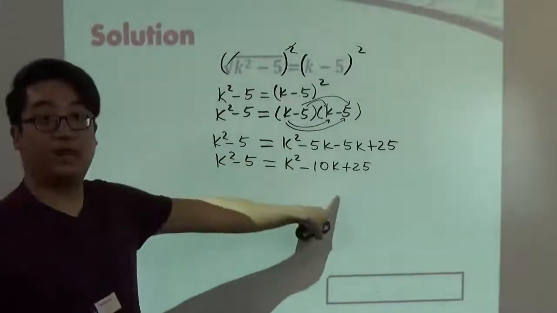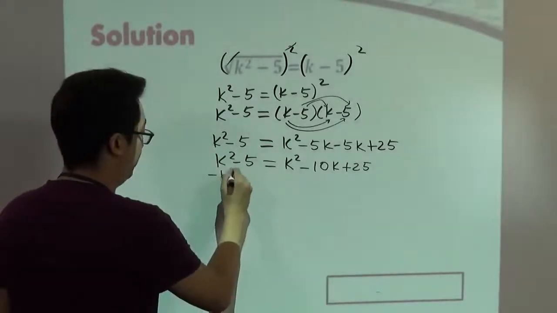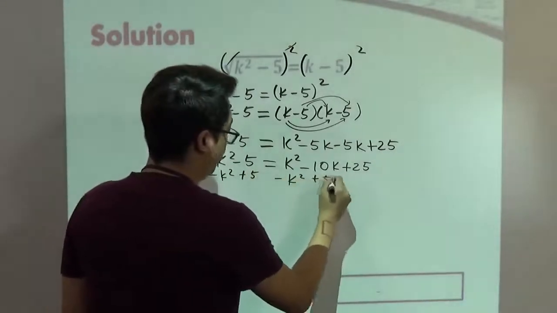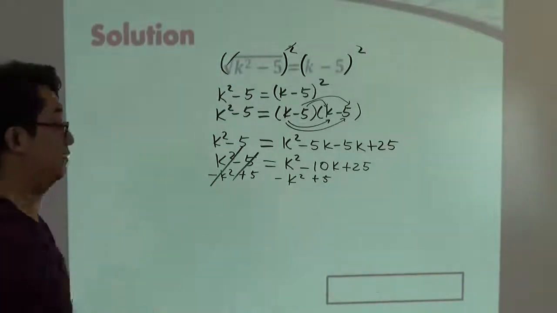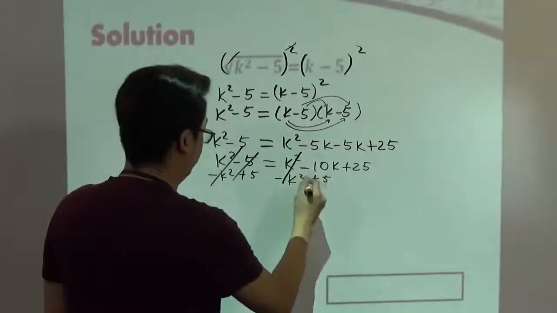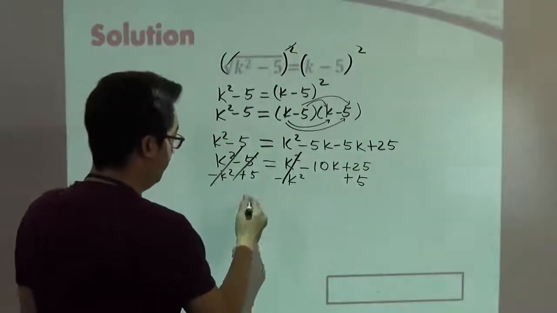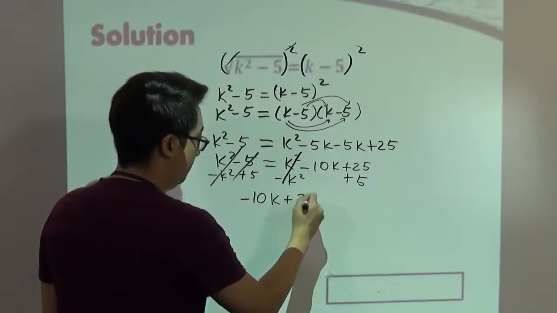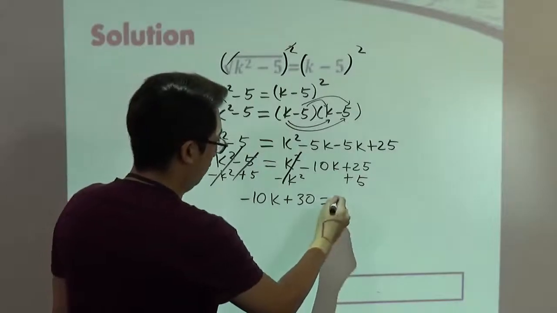So I see I have more things on the right than I do on the left. So let's bring them over to the right side. So subtract k squared from both sides. And I add 5 to both sides. So notice that on the left, both sides cancel. And again, the k squareds cancel on the right as well. So I have negative 10k plus 25 plus 5, so negative 10k plus 30 is equal to 0, right?